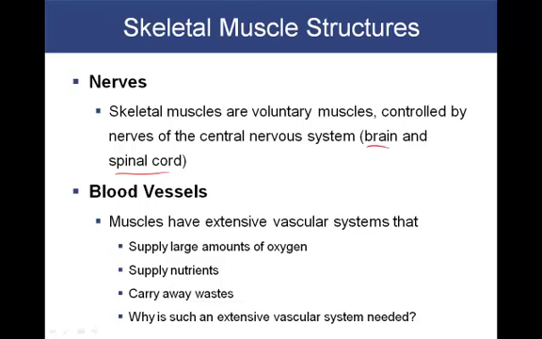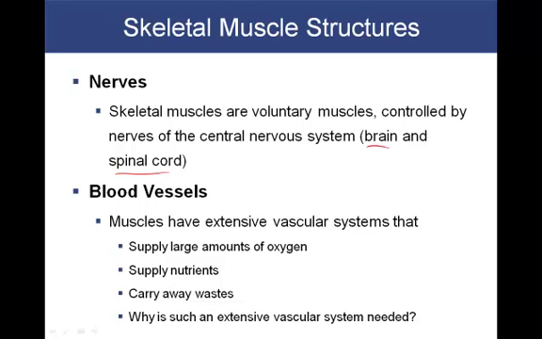Skeletal muscle also requires a relatively rich blood supply, and you can imagine that these blood supplies deliver nutrients to those muscle cells. They're going to need a nutrient source in order to metabolize and generate the ATP necessary for muscle contraction.